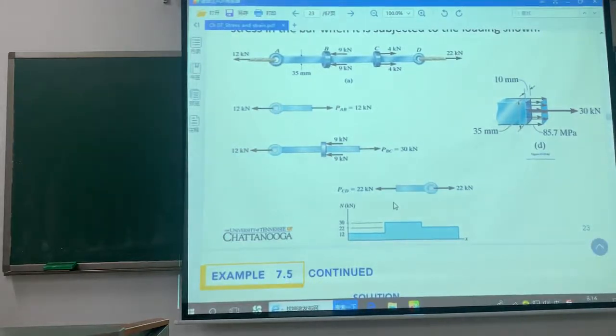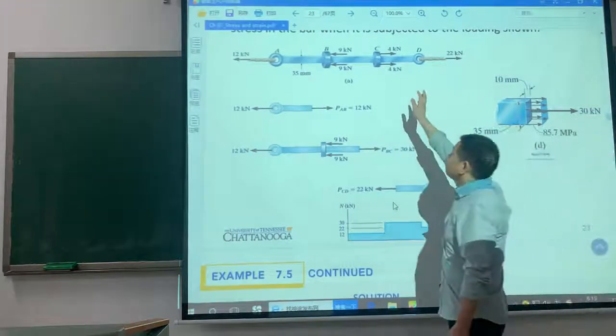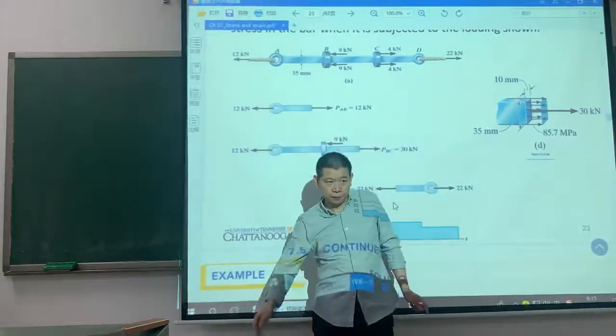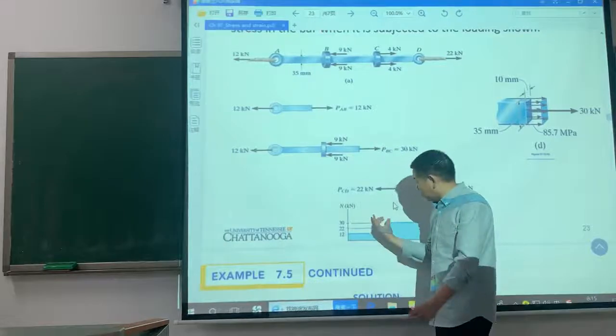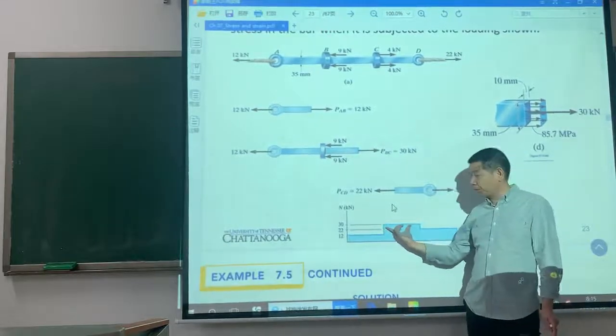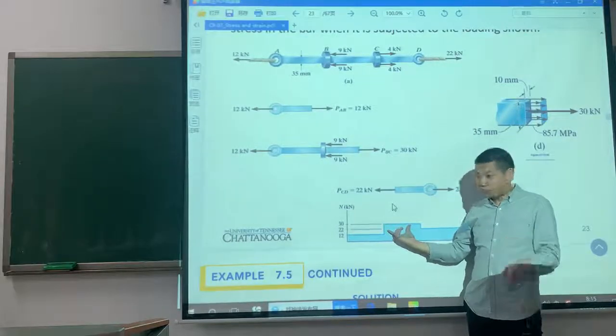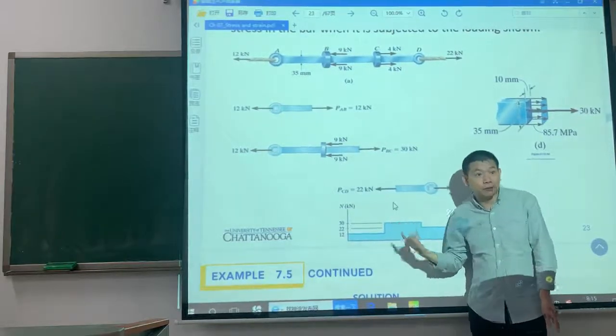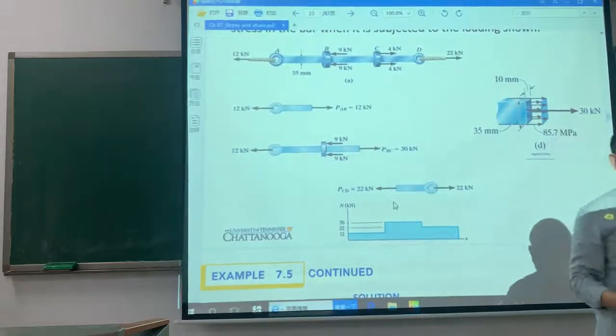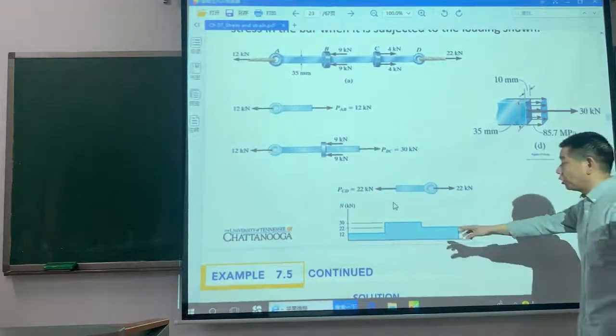Which segment is more dangerous for the rod? For the three sections, the middle segment must be more dangerous because the internal force is high.